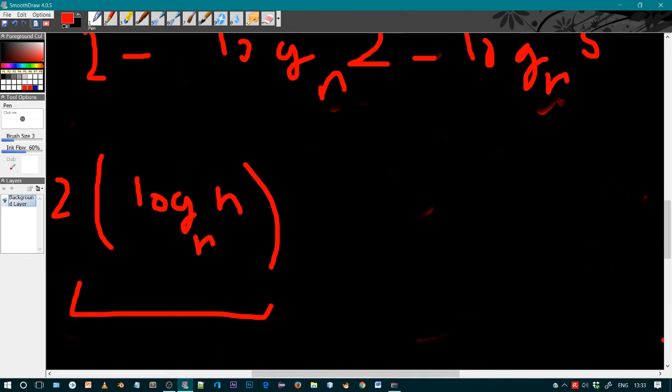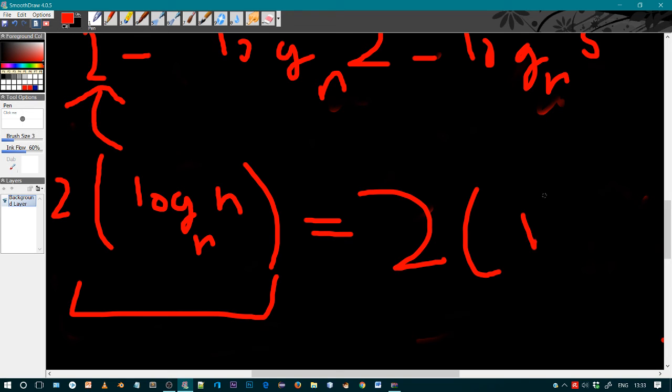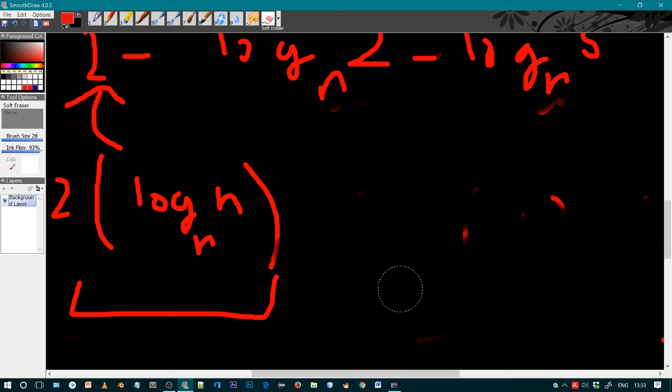Is this expression equivalent to the previous one? Yes, it is, because it is 2 into 1. Log base n of n is equal to 1, which is 1 into 2, which gives us the value of 2 itself.